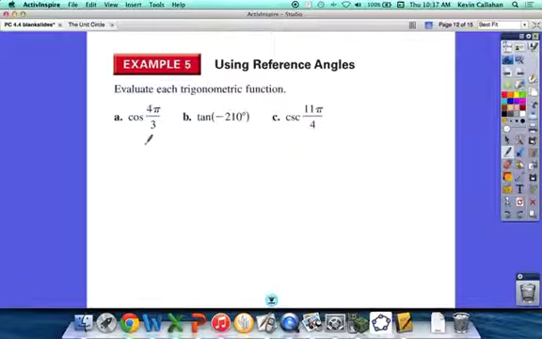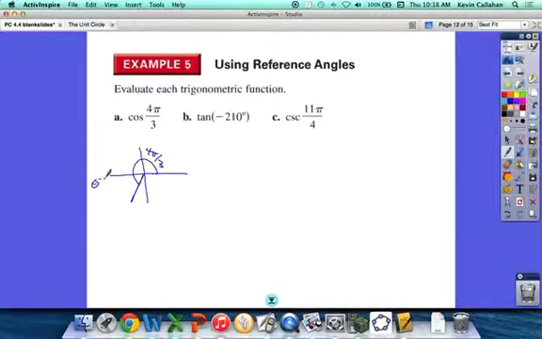Okay, so let's say we're doing the cosine of 4 pi over 3. Which quadrant are we in? Right. Remember, this is pi over 3, 2 pi over 3, 3 pi over 3, 4 pi over 3. So this is 4 pi over 3. Okay, what does that make the reference angle?